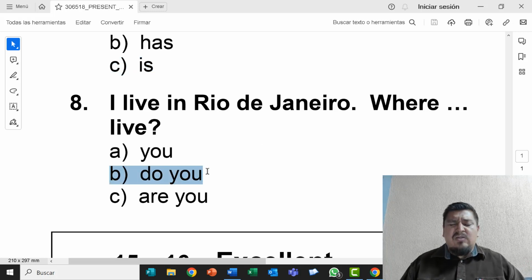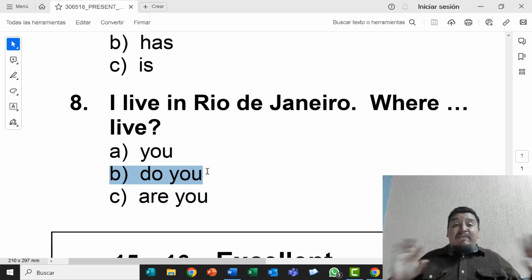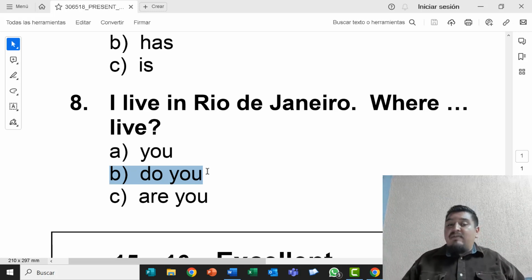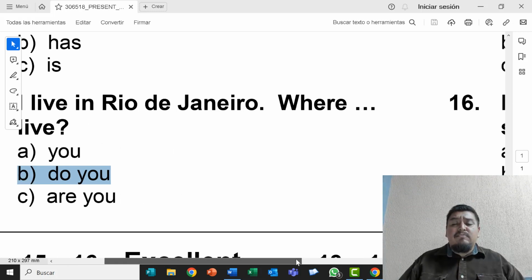Please don't try to mix verb to be with action verbs. That's why I said those are two worlds, different roles, different contractions. Okay? Don't mix verb to be and action verbs. No, please. I live in Rio de Janeiro. Where do you live? So I live there. And what about you? Where do you live?